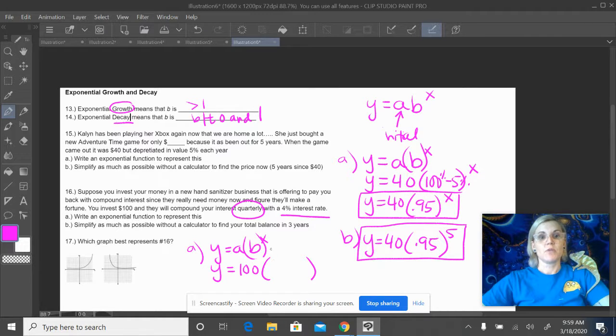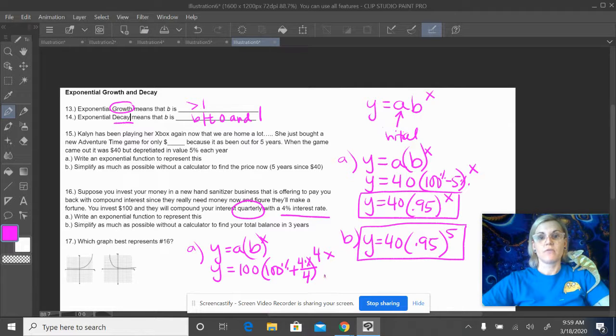What's going to be different with this one are two things. One thing is I'm earning money, so 100% plus something. The other thing is because I'm compounding quarterly, that means I'm taking my rate and I'm dividing by 4, so 4% divided by 4. The other thing that's different is my number of times that I'm compounding is going to be quarterly, so 4 times the number of years.